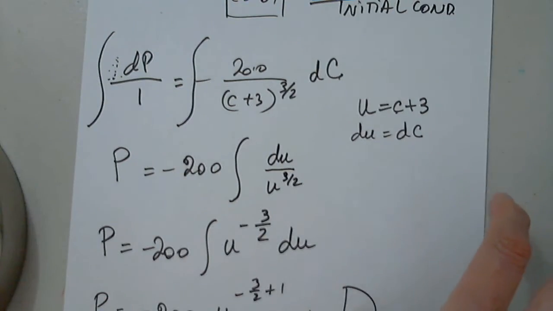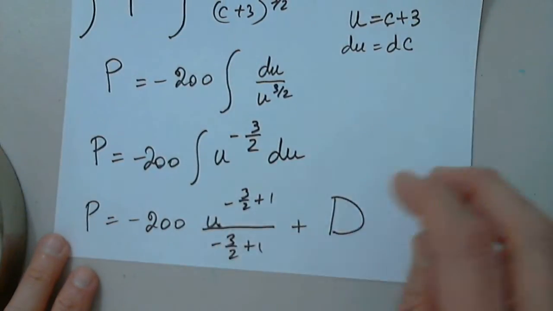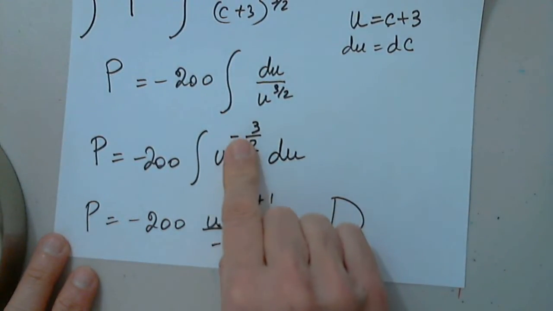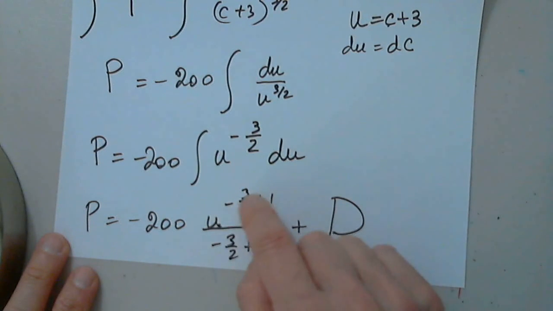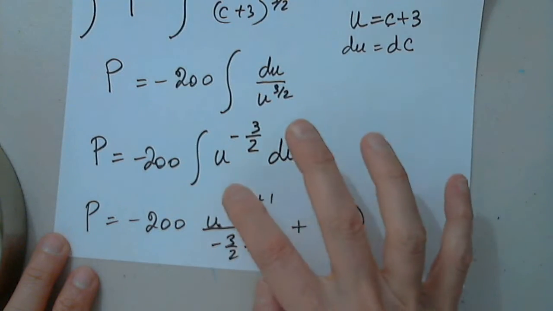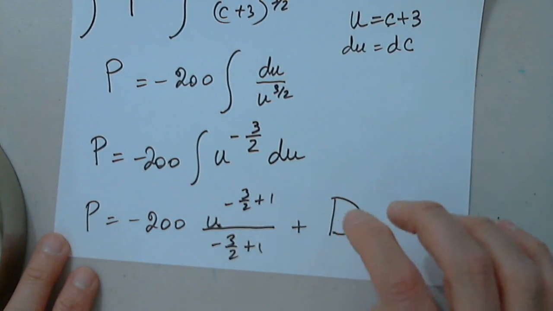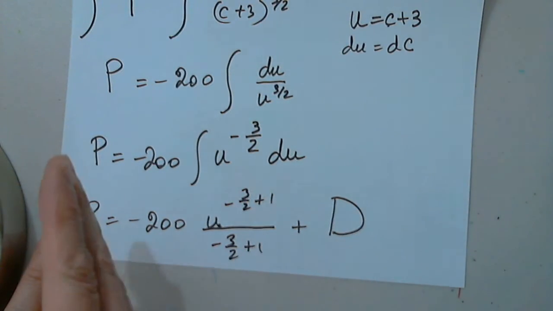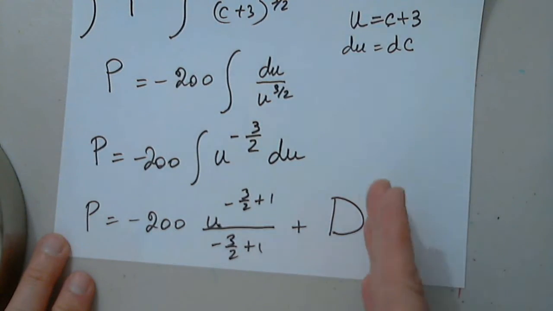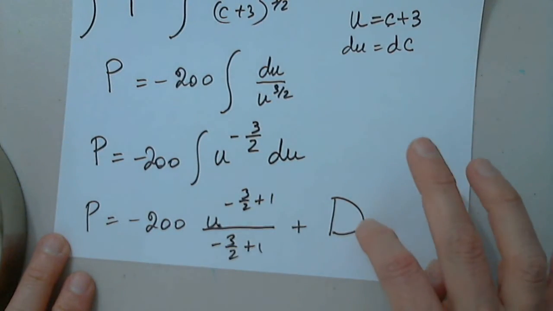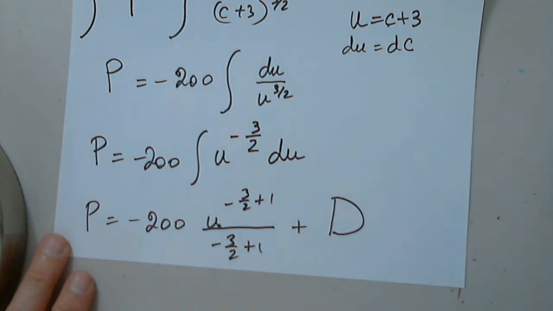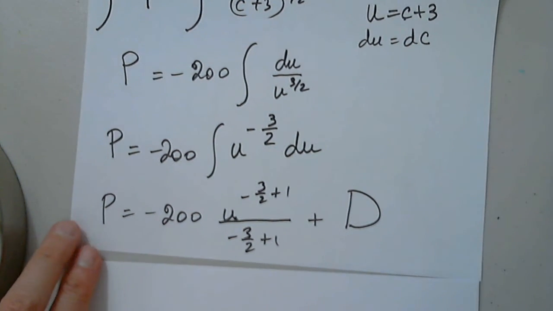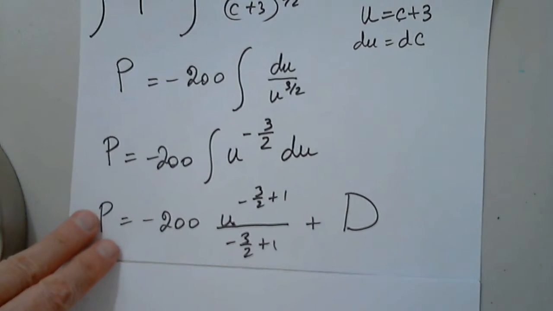And now I find the antiderivative: u to negative 3/2 plus 1 over the same number. I don't have to think, I just have to copy, plus, and I cannot forget, we don't put a d1 here and a d2 here, we combine them and put one constant d on one side. Okay, next. Any questions so far?